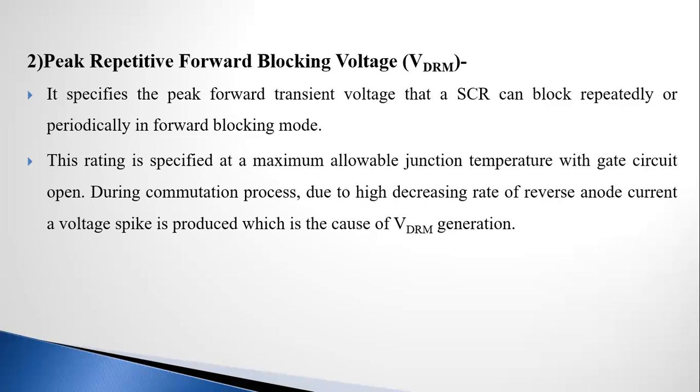It specifies the peak forward transient voltage that the SCR can block repeatedly or periodically in forward blocking mode. This rating is specified at a maximum allowable junction temperature with gate circuit open. During the commutation process, due to the high decreasing rate of reverse anode current, a voltage spike is produced, which is the cause of VDRM generation. So this is the concept of the peak repetitive forward blocking voltage.